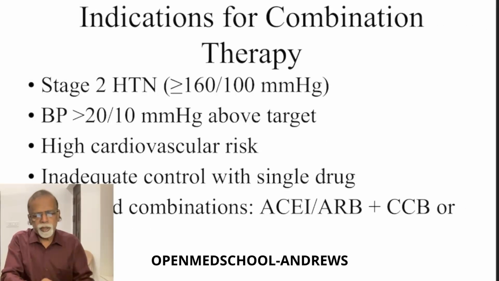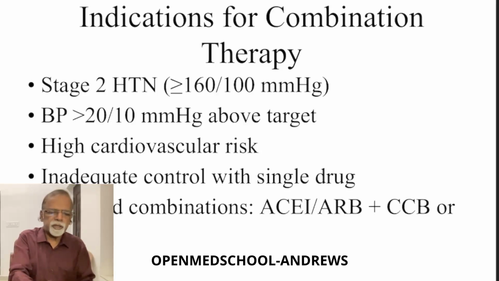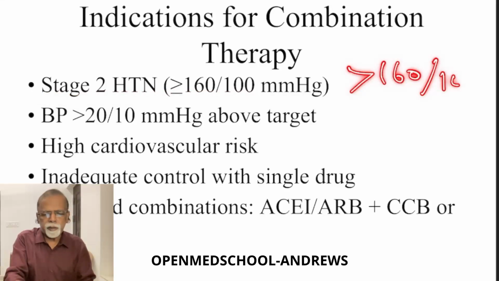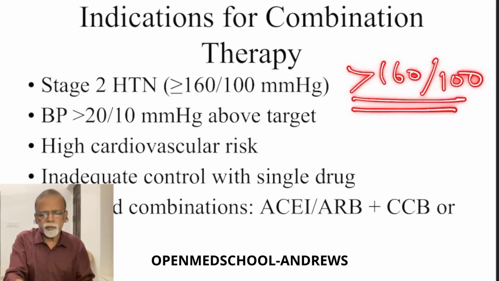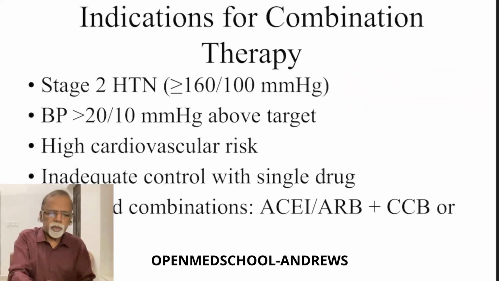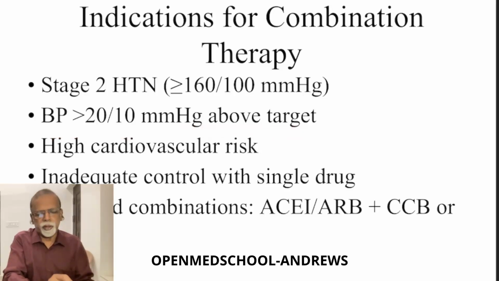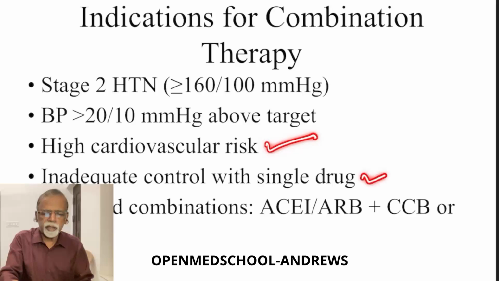Nowadays, combination therapy is routinely given, especially in stage 2 hypertension with BP more than 160/100 millimeters of mercury. You start with combination therapy initially. Or if BP is more than 20 systolic or 10 diastolic above the target, you can start. With high cardiovascular risk, start early, or if uncontrolled with a single drug.